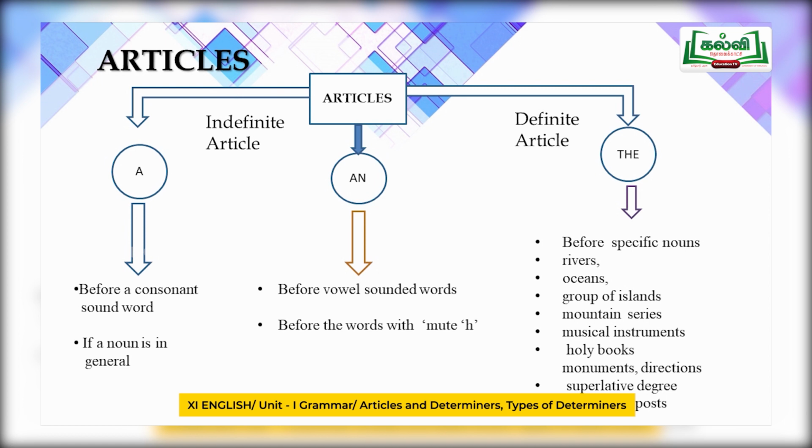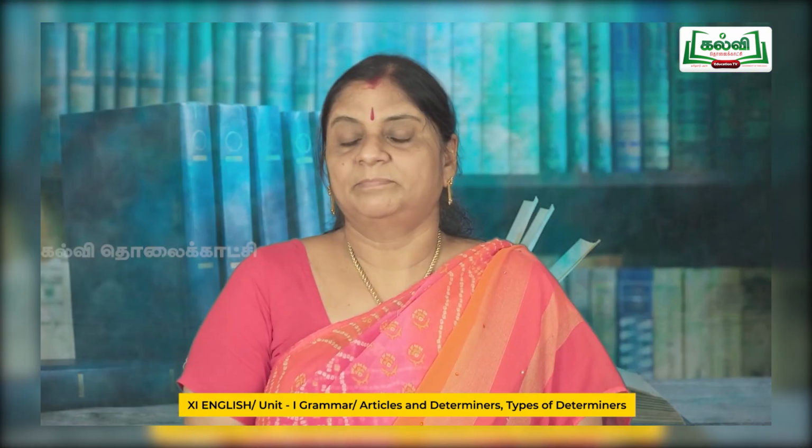Next one is before superlative degrees: the biggest, the longest, the most useful thing, like that. Before superlative degree we use the. Next one is honorable post: the chief minister, the postmaster, the class teacher. These are the examples for the usage of the definite article the.